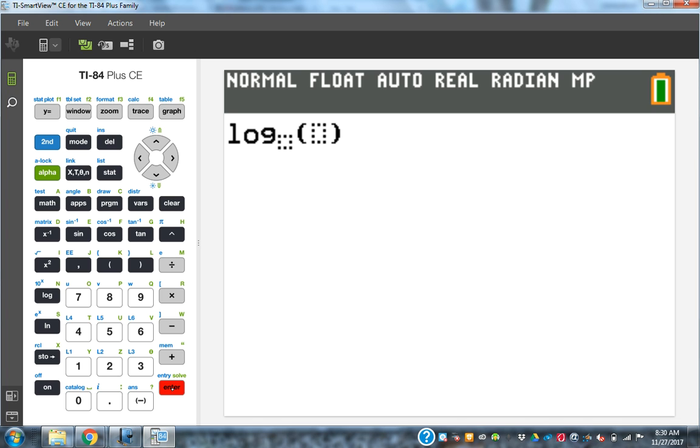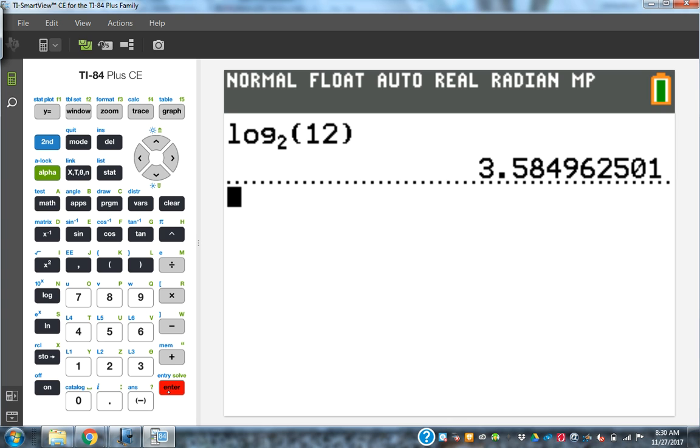If you're using an 83, the solid black one that doesn't have any other color, you can't do it this way. Okay. Put in the base 2. Press the right arrow. Put in what you're taking the log base 2 of, and hit enter. 3.585. Let's go 3 decimal places with this stuff.